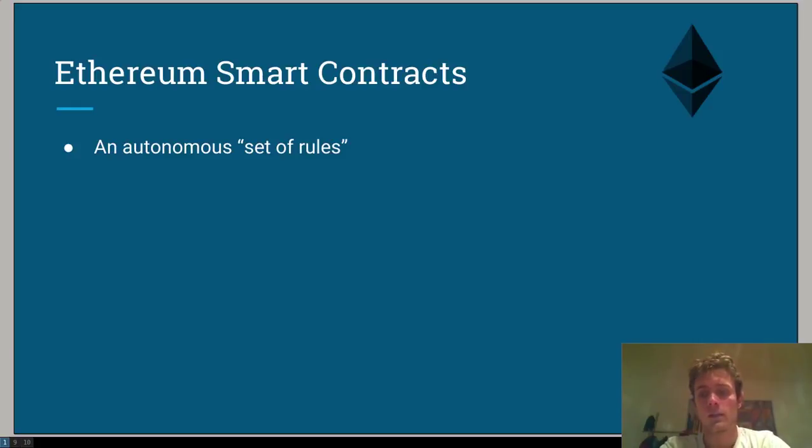Clause 1.1a, the owner of this contract accepts liability for this or this or this. That's how you would actually phrase it. That's really nothing but a set of rules. The idea here is that it is autonomous in the sense that it is actually written in such a way that the computer can verify it. And that is a truly brilliant idea.